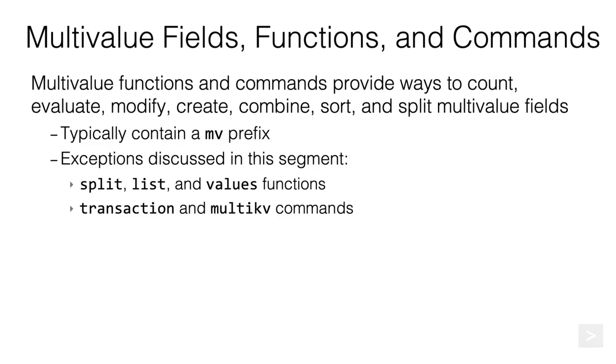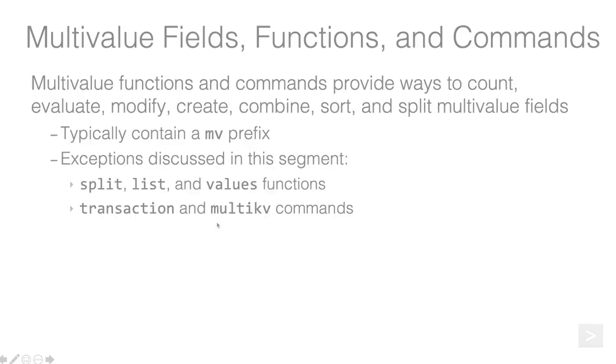These commands or functions typically begin with an MV prefix, with the exception of a couple functions and commands that we see listed here, such as split, list values functions, and the transaction and multi-KV commands.